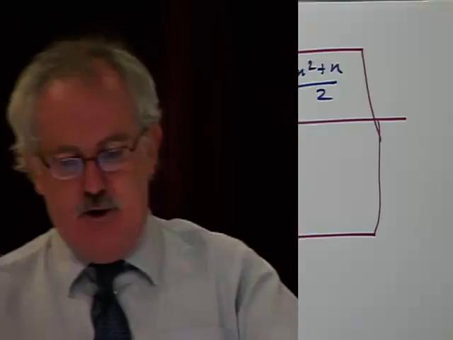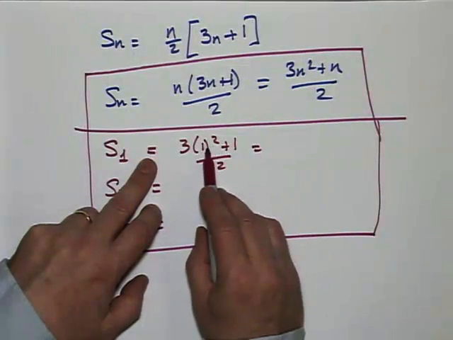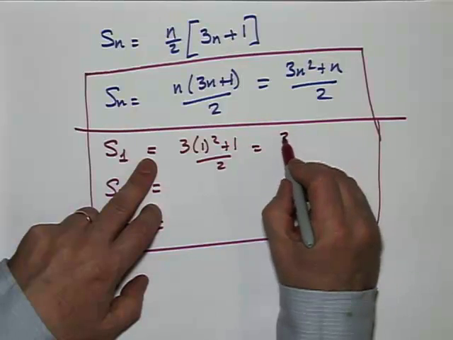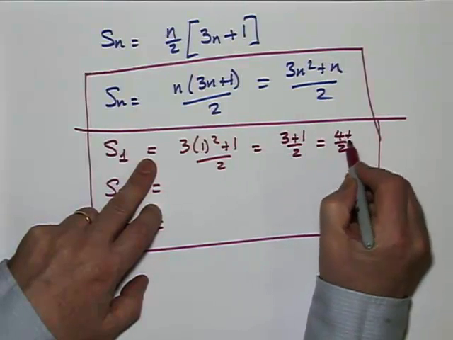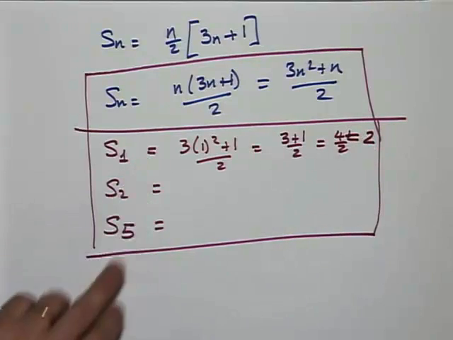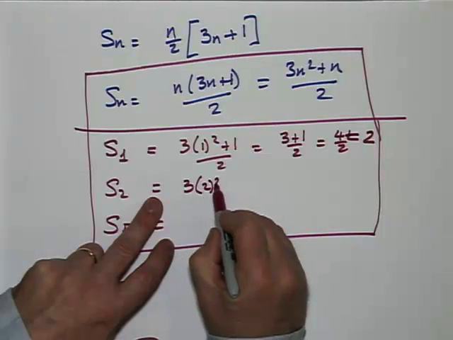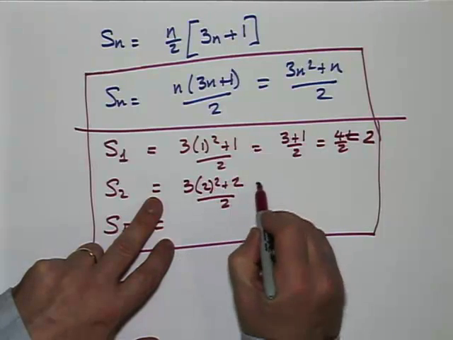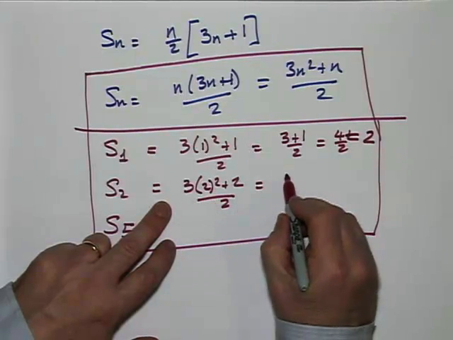Okay, so let's continue with this now. S1 would be 3 times 1 squared plus 1 over 2. 1 squared is 1. That's 3 plus 1 over 2, and that's 4 over 2, which is 2. S2: 3 times 2 squared plus 2 over 2. 2 squared is 4, 3 by 4 is 12.